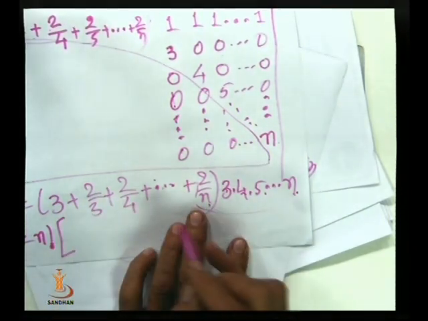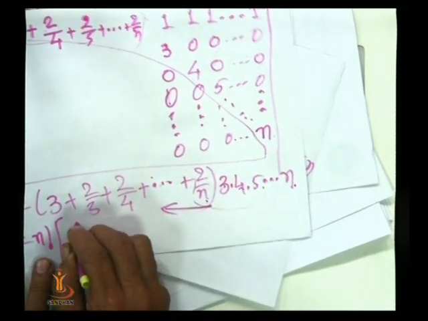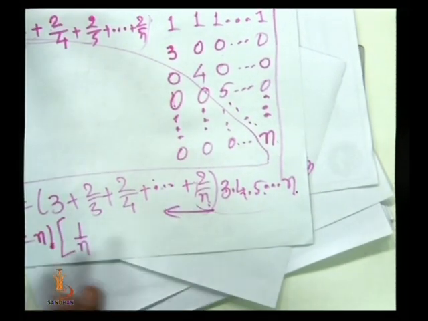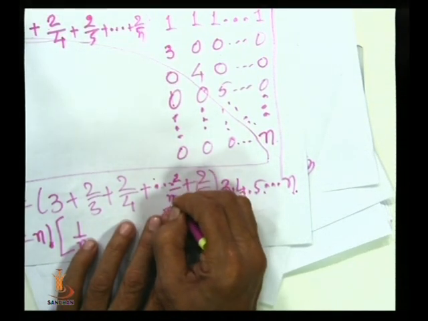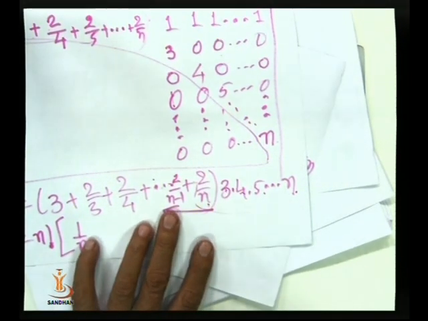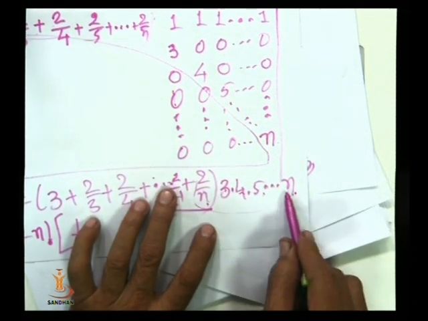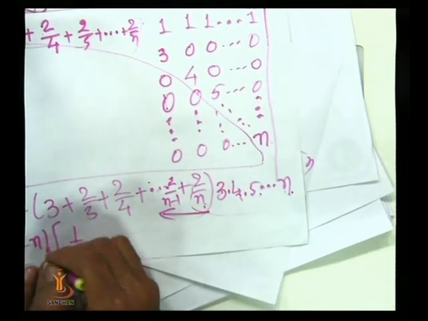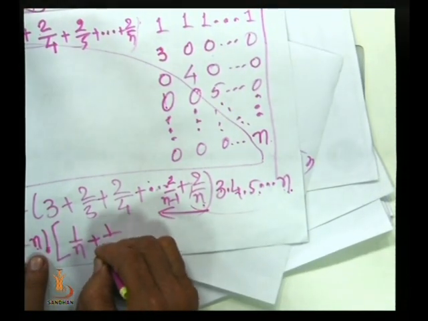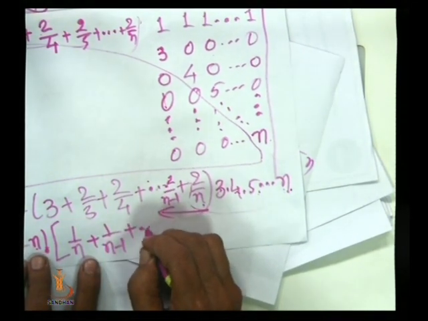So n factorial I have taken, so I will write this way. First term is n. Now just one term before it is 2 upon n minus 1. Now if I take the product, it is 2, 3, 4, 5, and here n minus 1. So n factorial you have taken common, so 1 upon n minus 1, and so on and so forth.